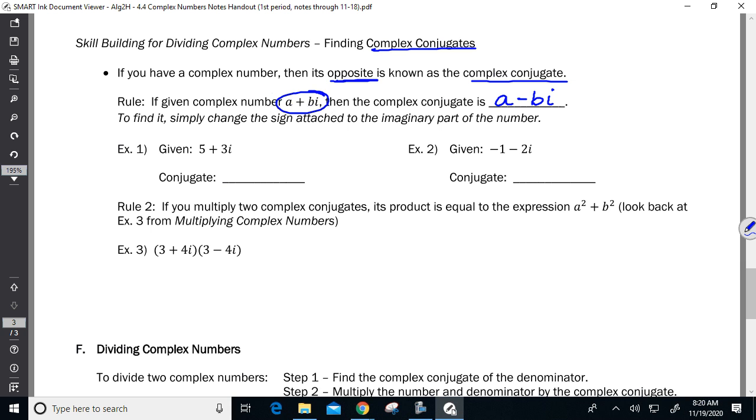Simply change the sign attached to the imaginary part of the number. If you had 5 plus 3i, then the conjugate is 5 minus 3i. Negative 1 minus 2i, conjugate is negative 1 plus 2i. That's all a conjugate is.